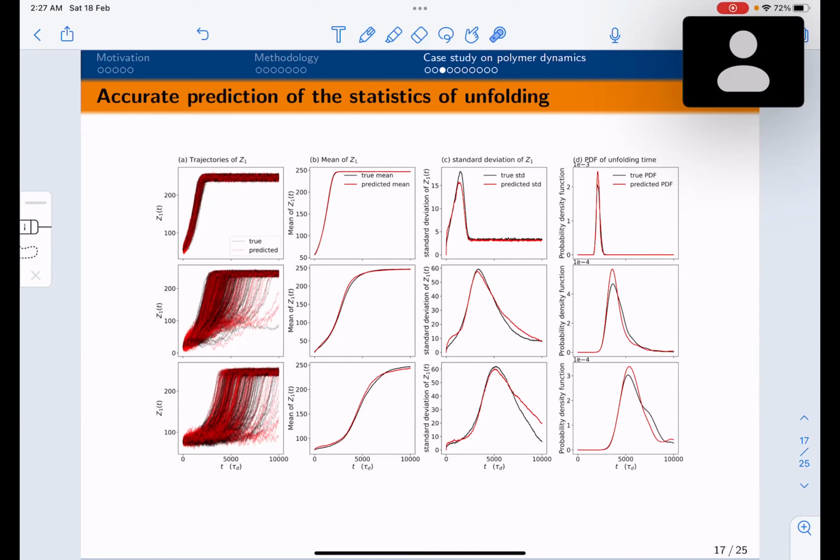The unfolding time means, I didn't write in here, given an initial polymer, we want to know when the polymer arrived at the unfolding state. Then here we have 500 trajectories. So we have 500 unfolding times. We can plot the PDF, right? So we can see our method also can capture the unfolding times here. So from this figure, we can see we can capture the slow and fast trajectories.